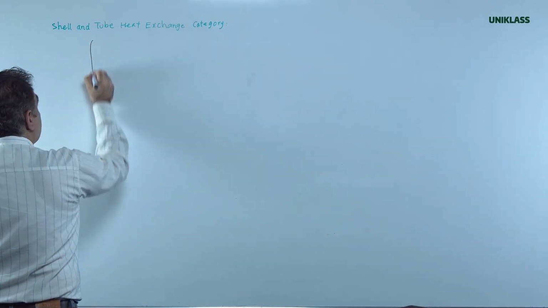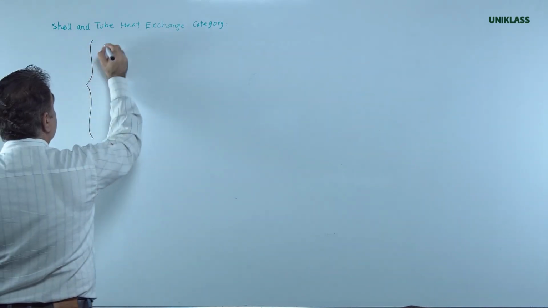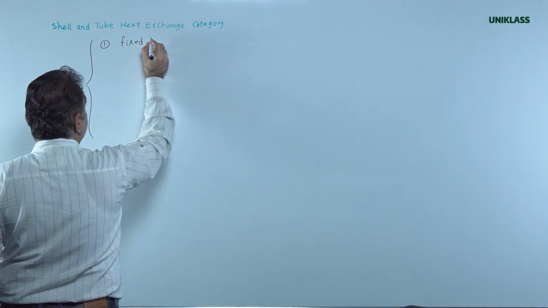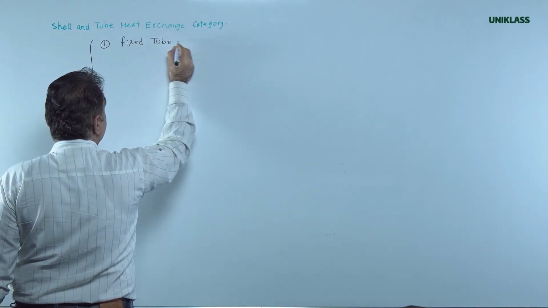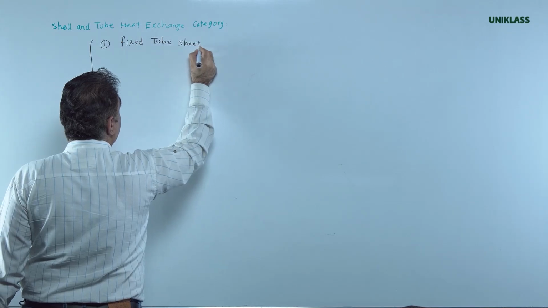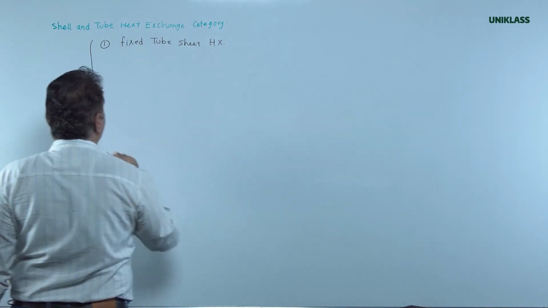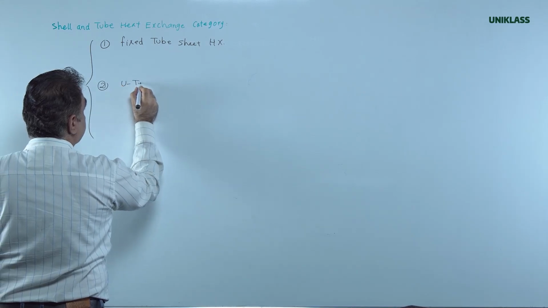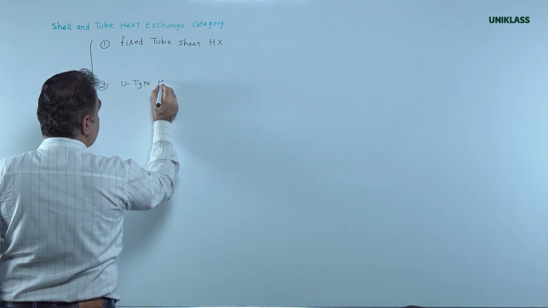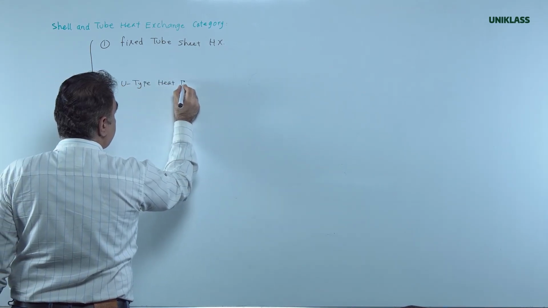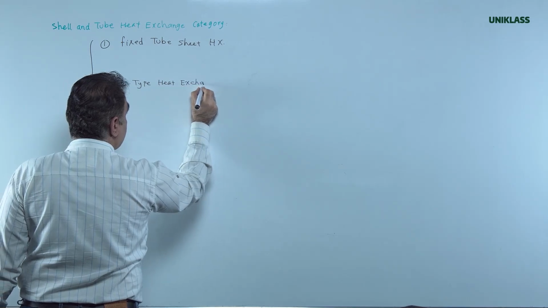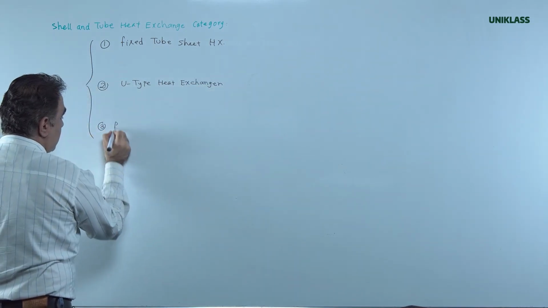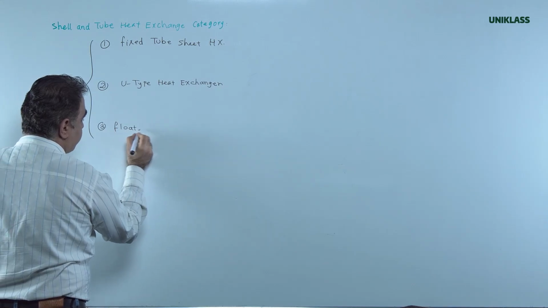Heat exchangers are divided into three major items. First is fixed tube sheet heat exchanger. Second is U-type heat exchanger. Third is floated heat exchanger.